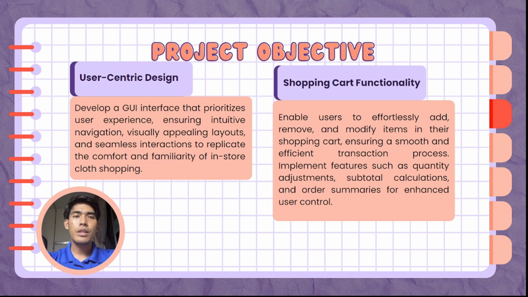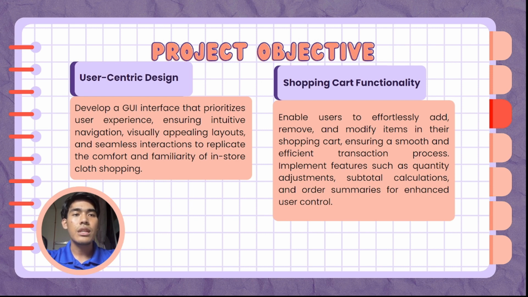Now we are moving to the objective of the project. First is user-centric design. In crafting our GUI interface for online clothes shopping, our primary focus is to elevate the user experience by seamlessly blending intuitive navigation, visually appealing layouts, and smooth interactions. By prioritizing user comfort, we aim to replicate the familiarity of in-store clothes shopping.